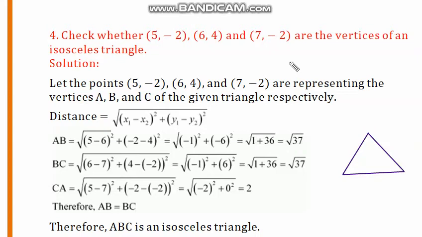An isosceles triangle means two sides are equal and the third side is unequal. So any two sides of a triangle are equal like this, and the third side is unequal.